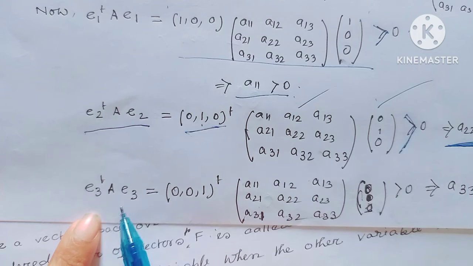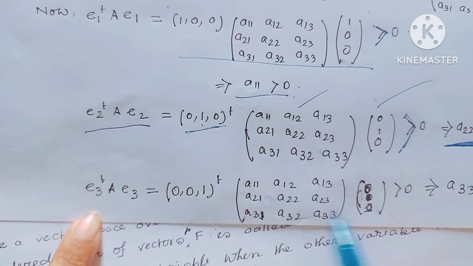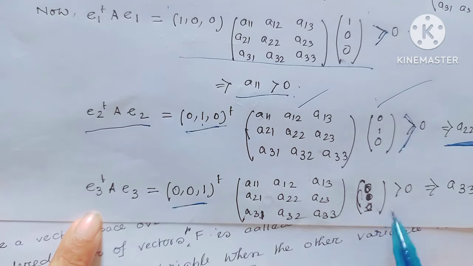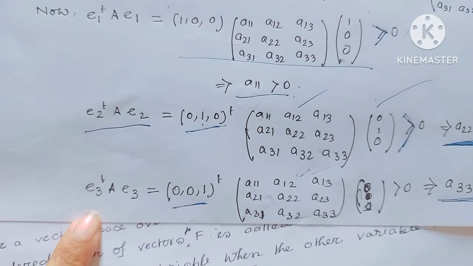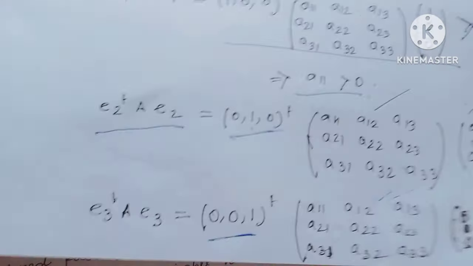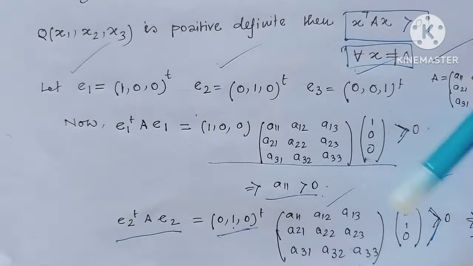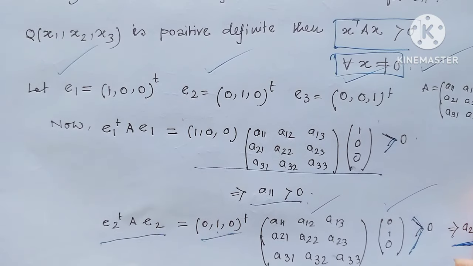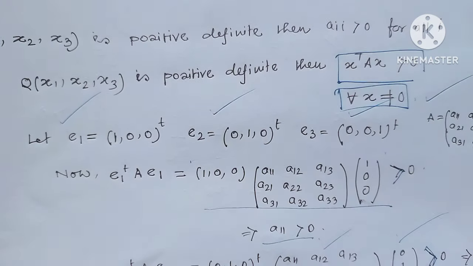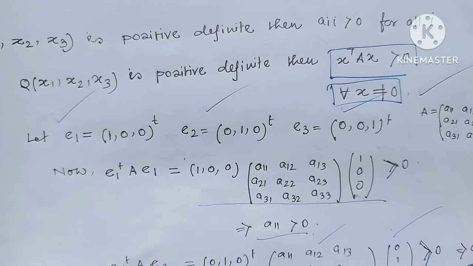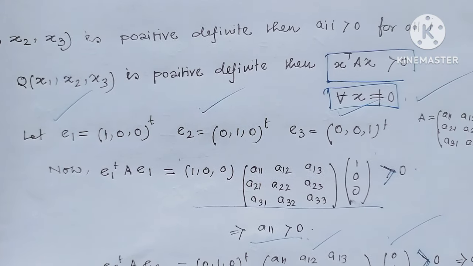And e3 transpose A e3 means this is the e3, this is the arbitrary matrix A, which implies a33 strictly greater than 0. Therefore, if Q(x1, x2, x3) is positive definite, then always aii is strictly greater than 0, and this is true for all i.